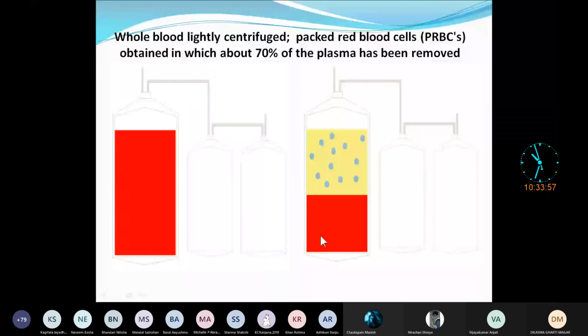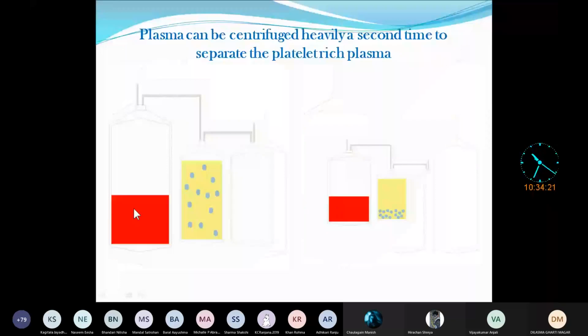Now whatever plasma with the platelets was there, we will transfer this plasma with the platelets into the second bag. Here the tube is attached, isn't it? So we separate this plasma with the platelets into the second bag, and after it is separated, we'll spin the blood again. Understood here? Now after spinning the blood, what happens?